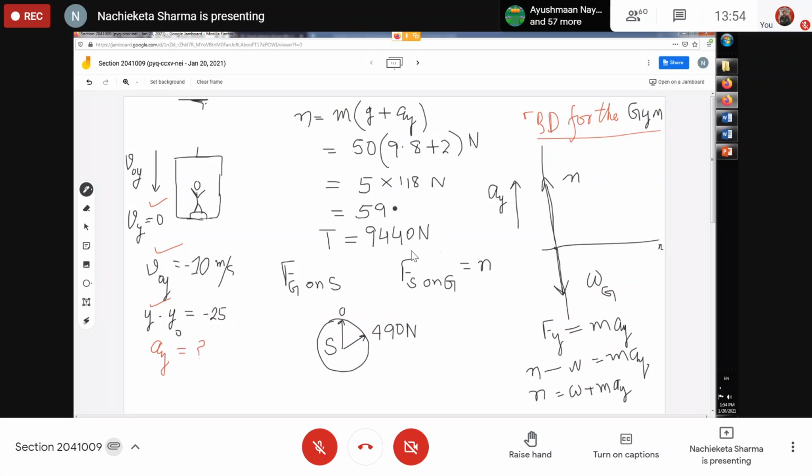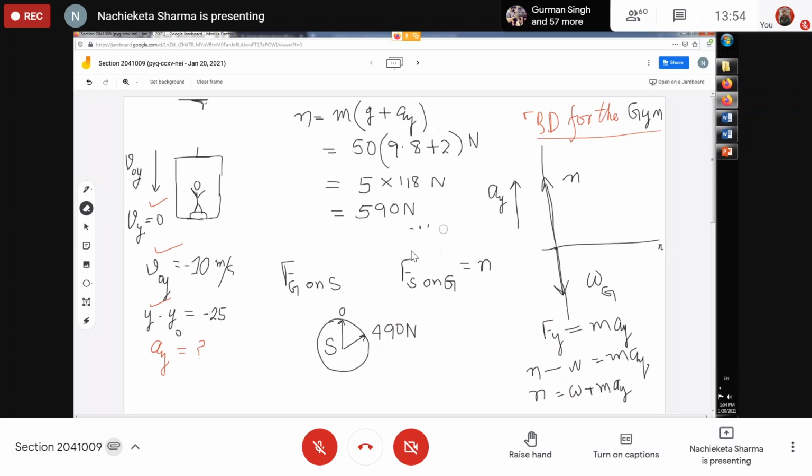So the lady will be surprised that she has gained a weight of 100 Newton, but actually she has not gained. The effect is due to the elevator accelerating in the upward direction.